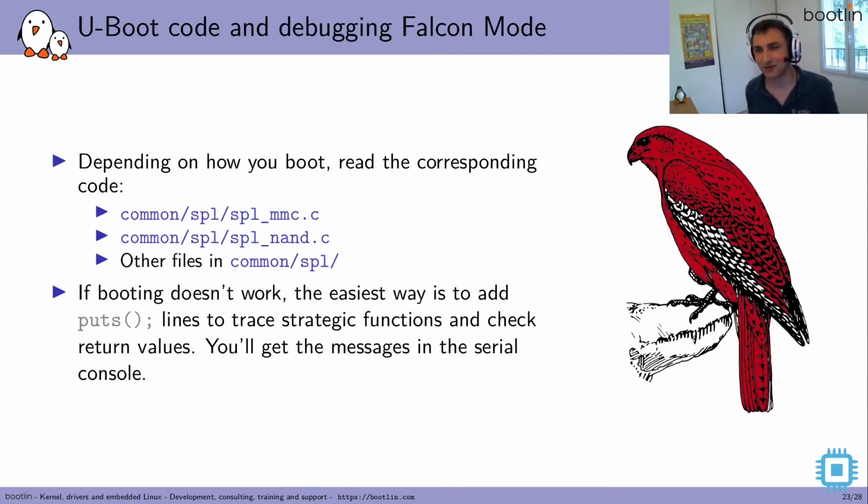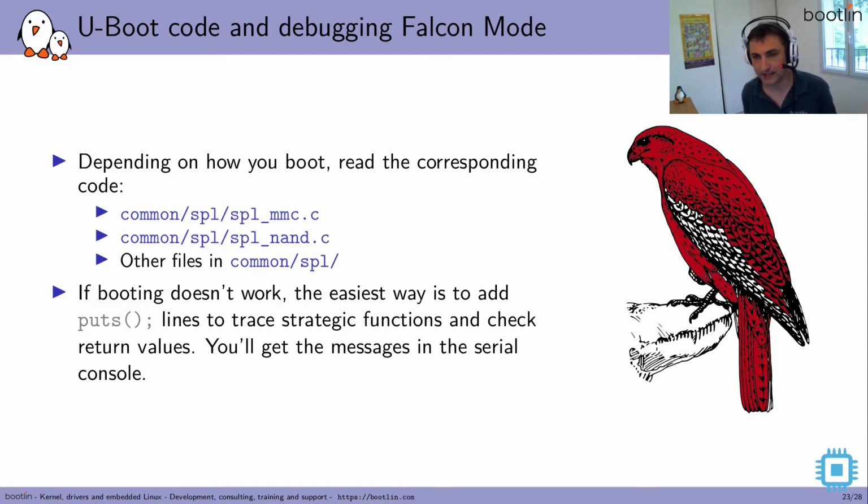So after seeing those examples, when it's your turn to implement Falcon Mode support on your board, I believe it's useful to actually read the code in common SPL, SPL-MMC, SPL-NAND.c in the U-Boot source code, also other code in common SPL, to understand how U-Boot implements Falcon Mode, what is loaded first, etc., and how you fall back to U-Boot.